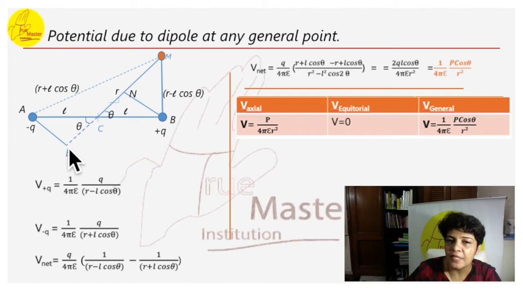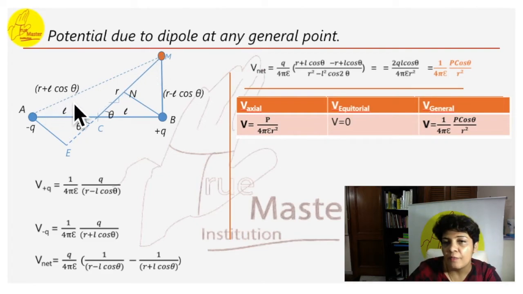If we add up this L cos theta plus R, this will be the value for ME. Similarly, being an isosceles triangle AME, the value for AM will also be R plus L cos theta. That is how we have derived this.